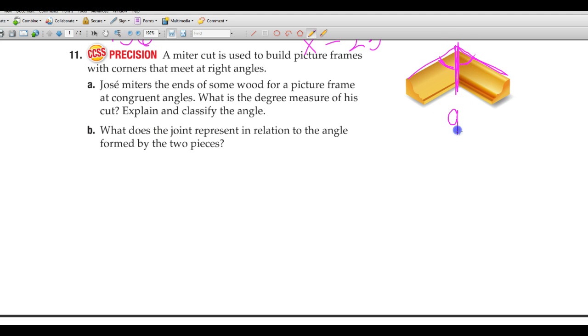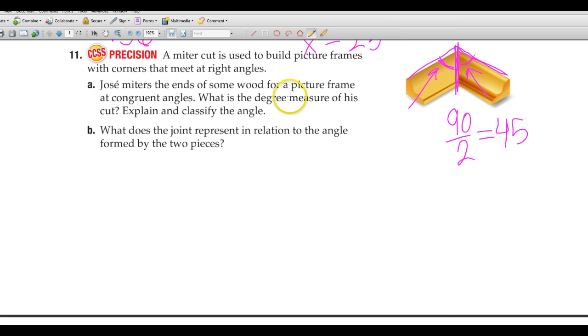Well, I would just have to take 90 divided by 2. So each of those angles, here and here, is 45 degrees. So explain and classify the angle. So I've explained, and then to classify 45 degrees, that would be an acute angle.